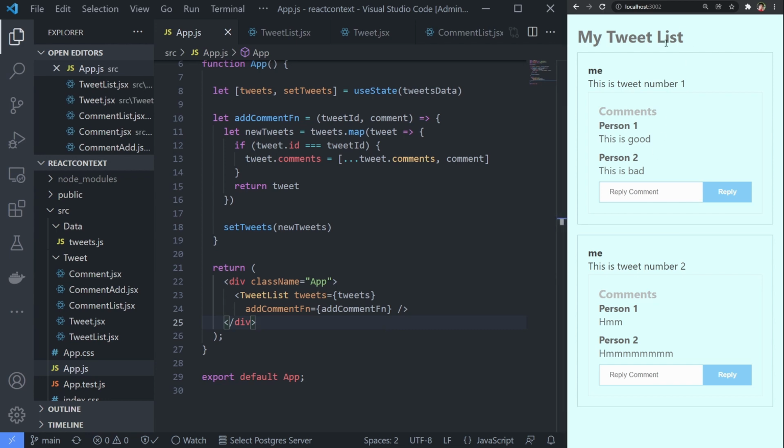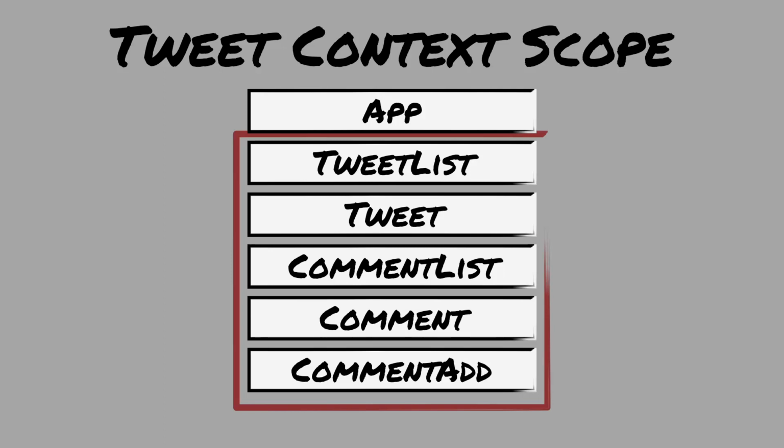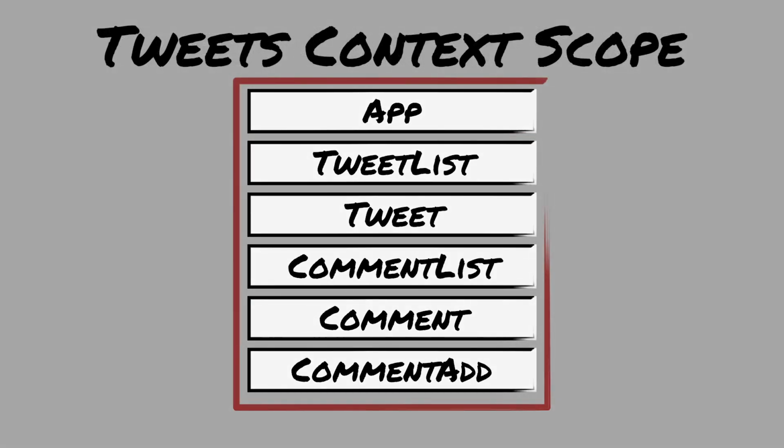But first, let me tell you about React Context sharing data coverage. Let's say we define our context in tweet list. Then the data and state will be distributed to all components below the tweet list. And if we define our context in app, then the data and state will be distributed to all components below app. It means all the components available in our example.